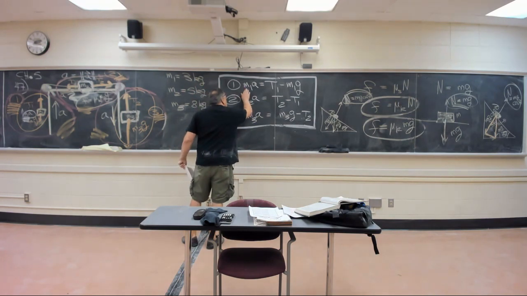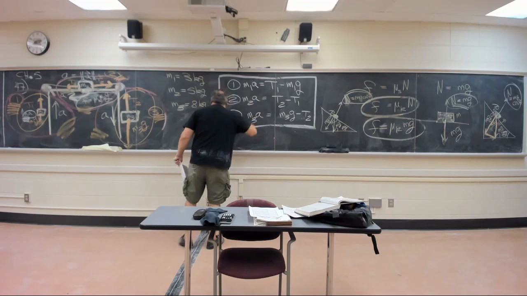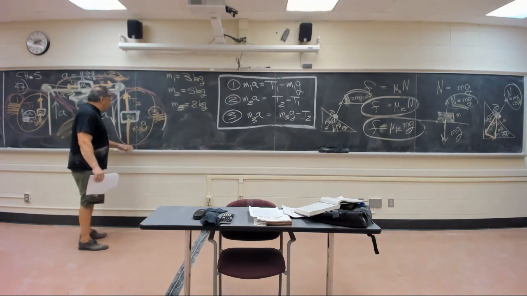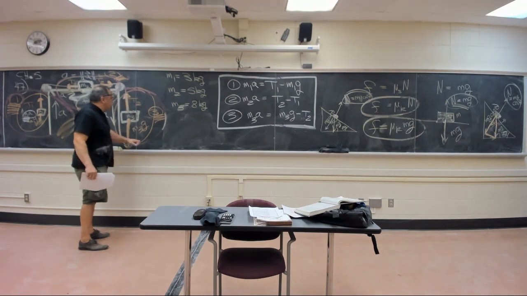That was the case before we had friction involved. It's also the case when friction is involved. In both scenarios, it holds. M1A equals T1 minus M1G. Let's go to this guy. I'm not going to do the middle stuff yet. Let's go to the other side. So the first one holds as is. So does the third one. M3G minus T2. I don't know what it's going to be. I told you it could be different numbers.